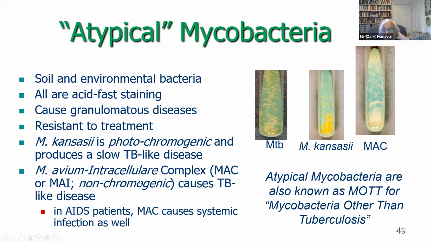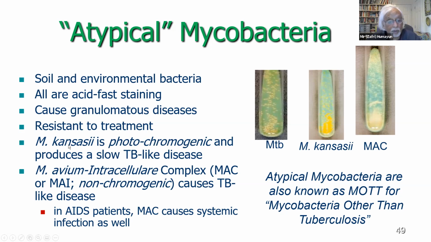Now, before the advent of modern DNA technology, these atypical mycobacteria were identified by classical methods such as growth characteristics, colony morphology, things like that. So M. kansasii is known for a specific culture property called photochromogenicity.